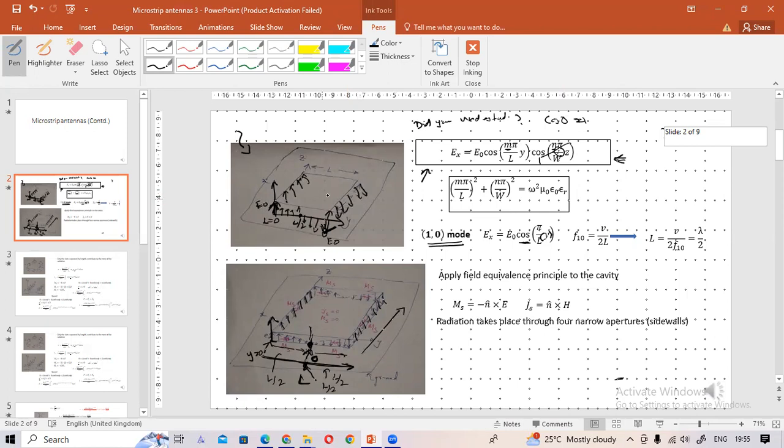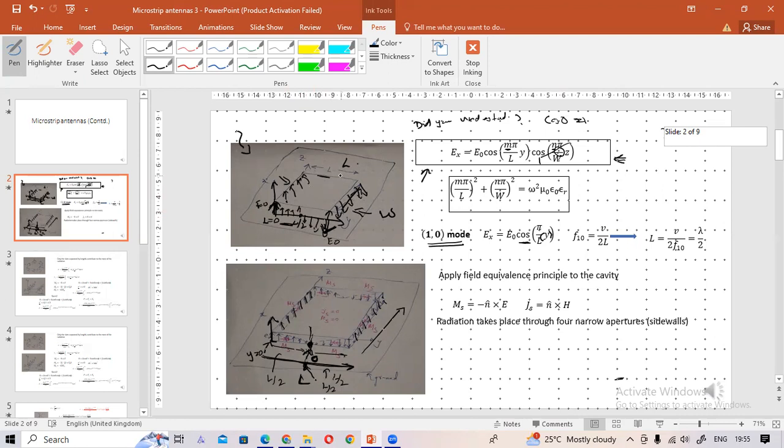Now you can see that for a microstrip antenna there are 4 walls. These are 2 walls on the W side, and this one and this one are the 2 walls on the length side. On the width side the E field is constant, it is not changing, so in these width walls there is no radiation.